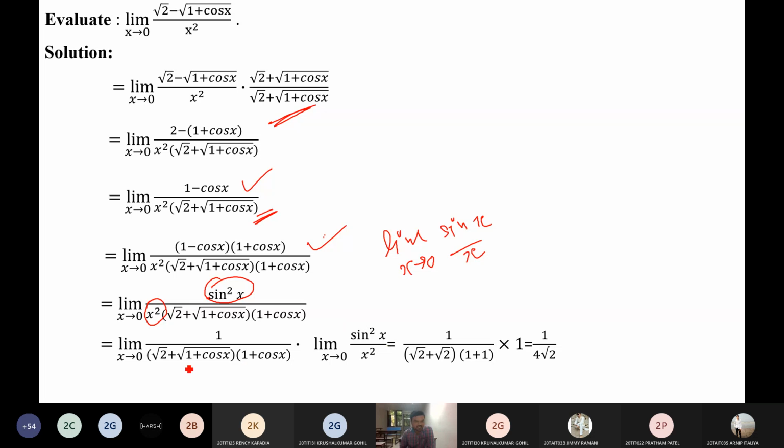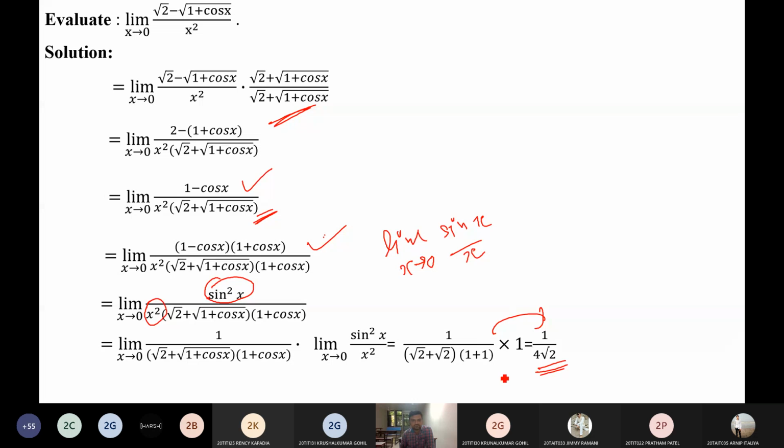So we have only the first term. If we replace x equal to 0, we have 1 upon (root 2 plus square root of 1 plus 1) into (1 plus 1), because cos 0 is 1. So 1 plus 1 is 2, and we have 1 upon (root 2 plus root 2) into 2. The final answer is 1 upon 4 root 2.